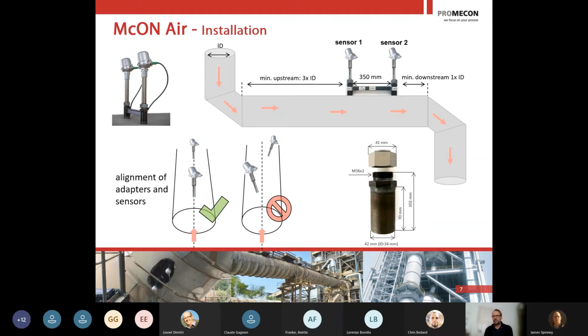You will just get the vector between the sensor 1 and sensor 2, and any kind of rotation or turbulence will not affect the flow velocity reading. So this makes it also quite robust in the evaluation.